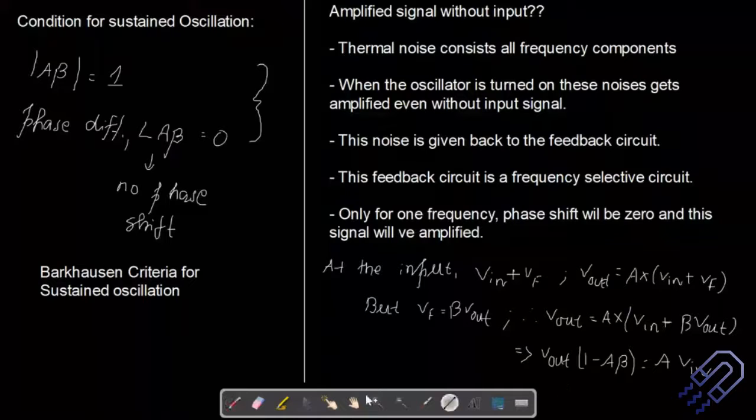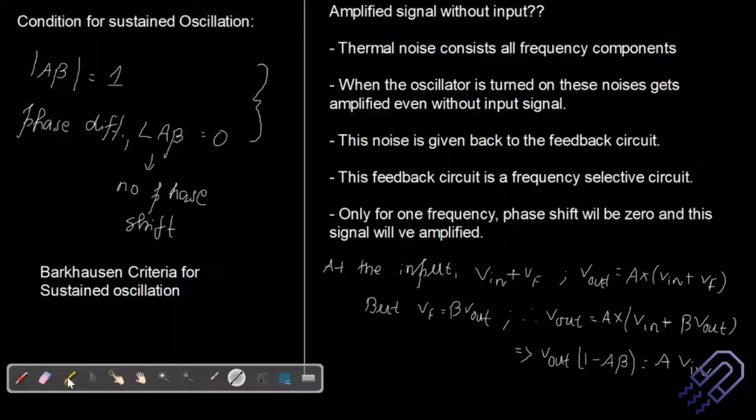A general expression for this is V out by V in is equal to A divided by 1 minus A beta. Please try to remember this relation, it is important, and you should know how to derive it.